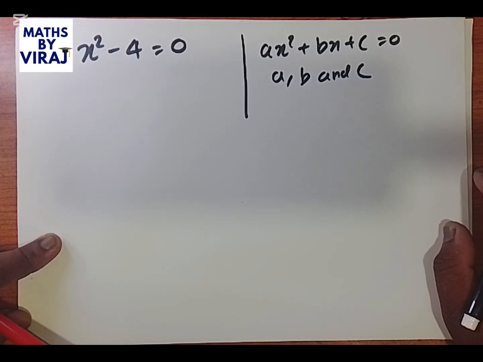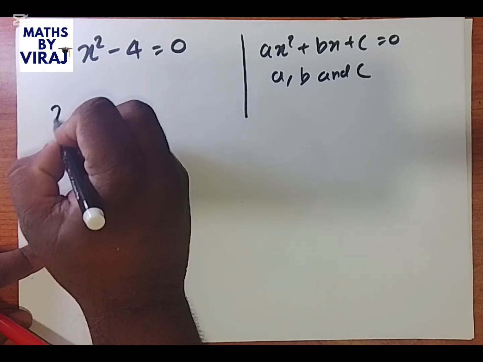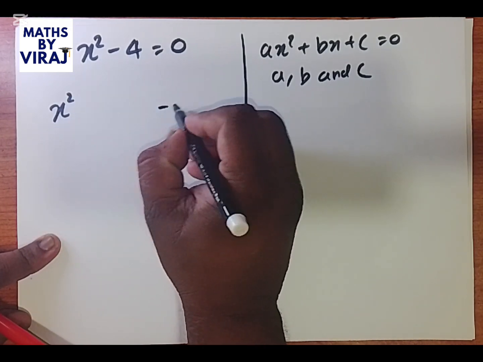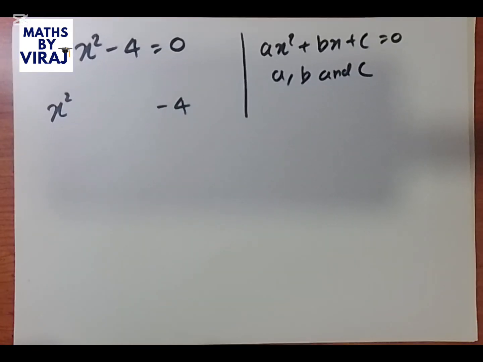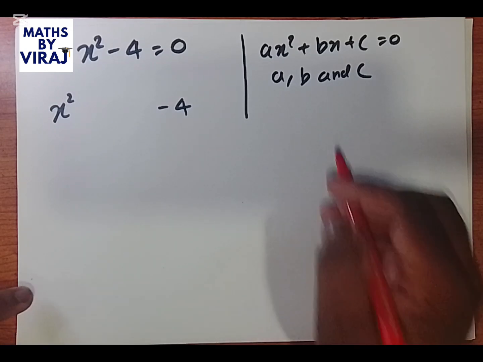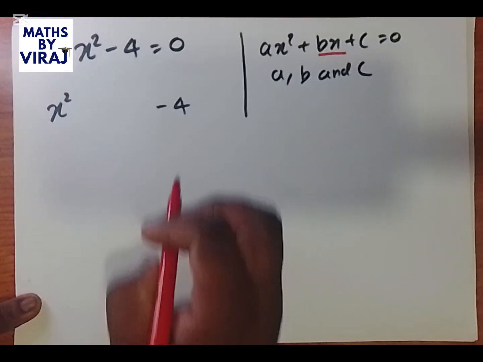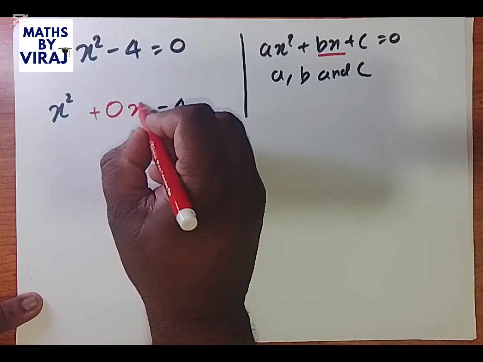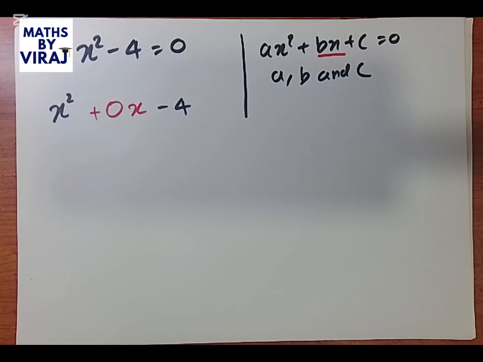So in this case, x squared is there, minus 4 is there, but there is something that is missing. What is it? This x term is missing. Therefore, we introduce that x term as 0x. The reason, 0 does not have any value, therefore we can write it as 0x.